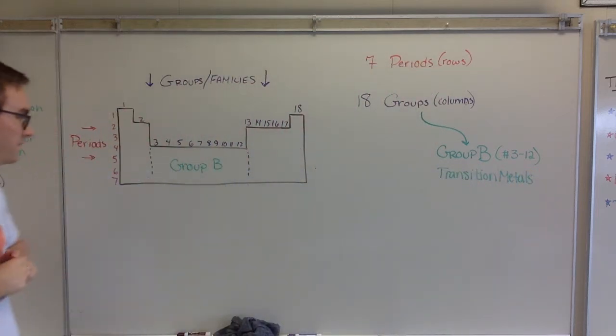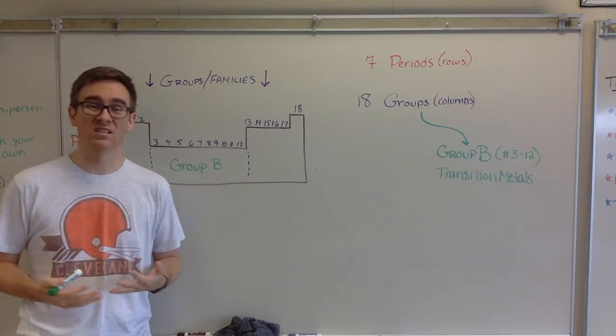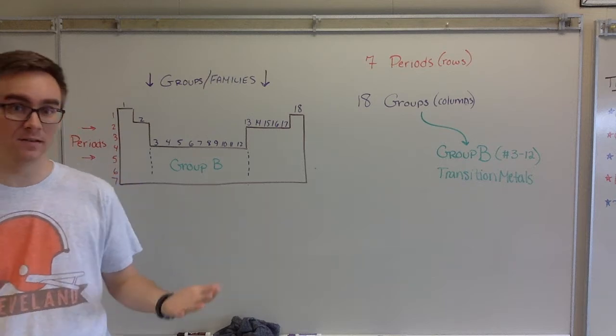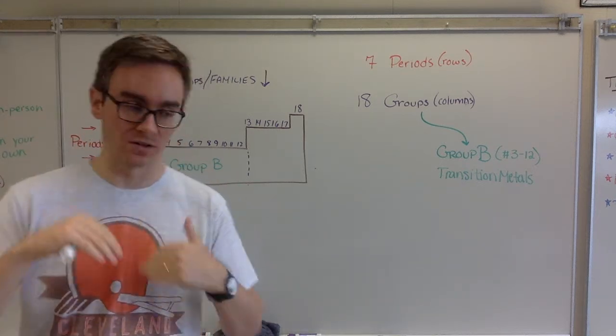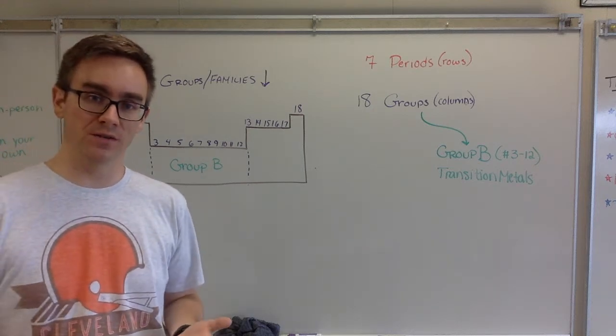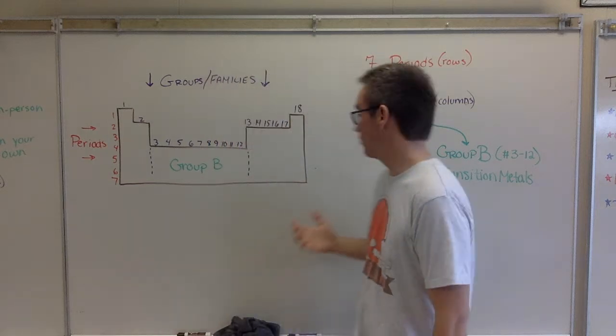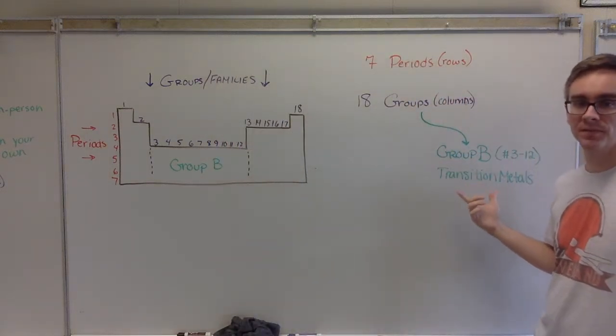These metals include ones that you're very familiar with: gold, silver, copper, zinc, nickel, lead, or sorry, not lead, lead's right by the end of it there. But in physical science, we are not going to focus on group B elements that much.